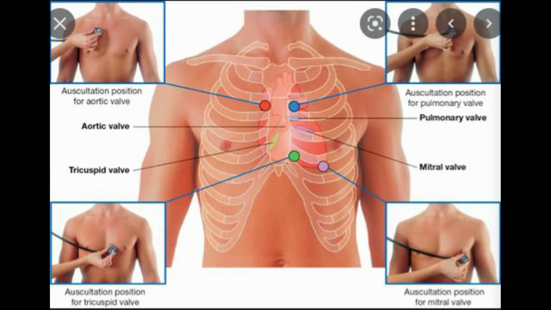Inspection for the apical impulse is of great importance in inspection of the precordium, especially in the examination of the cardiovascular system. As you know, the apical impulse is usually just beneath the left nipple, at the left fifth intercostal space, half an inch medial to the midclavicular line.